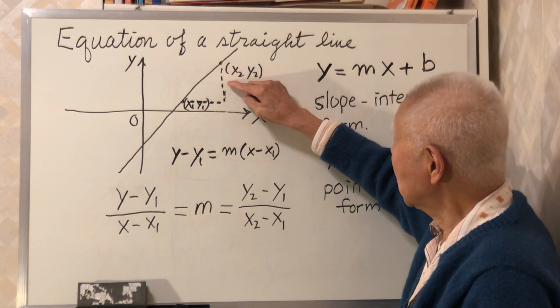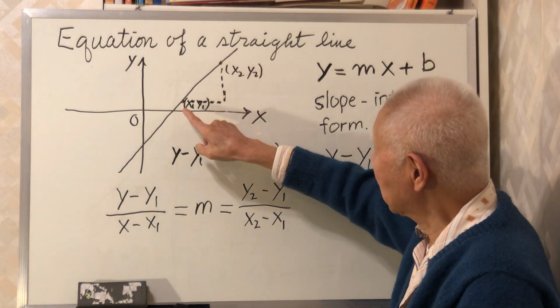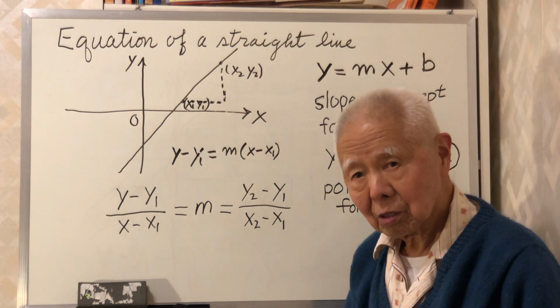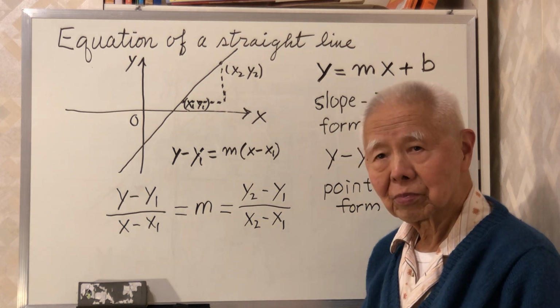So y2 minus y1 divided by x2 minus x1, which is the slope.